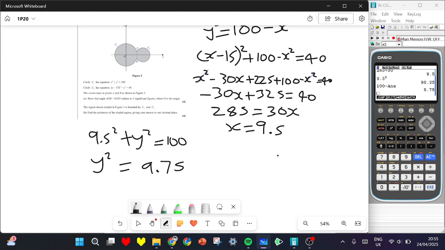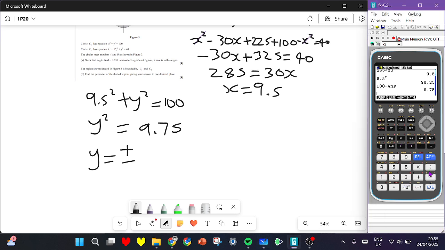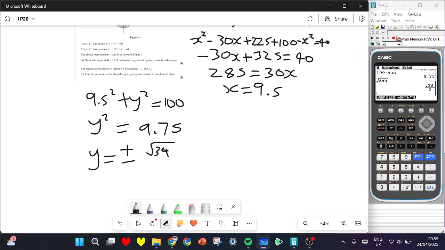And then we want to square root this. So when we square root, we get plus or minus root 39 over 2.